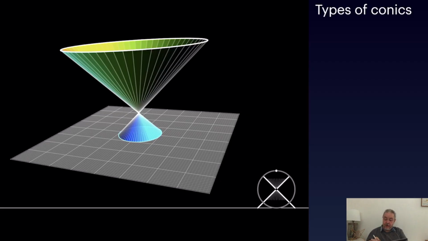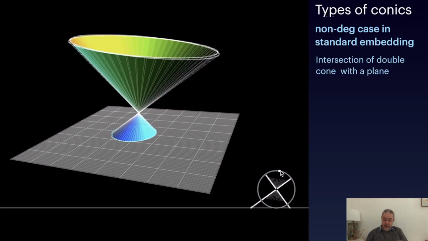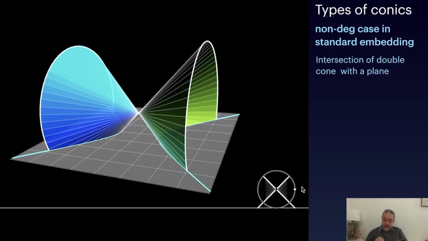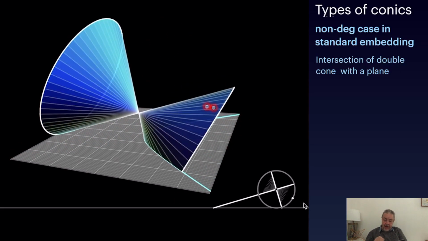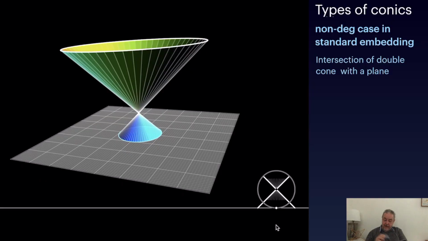So what you have to do is you have to take a double cone like you see here and intersect it with a plane, and the images that you get as a kind of intersection correspond to conics. So let me move that situation a little bit. Let's twist this conic and watch these intersections that you get here, and you see, if you consider this here as the standard embedding of the plane, you get nice pictures that resemble conic sections.